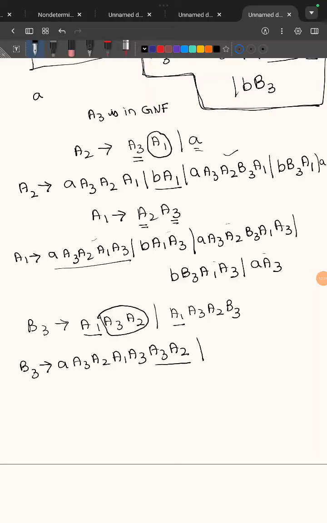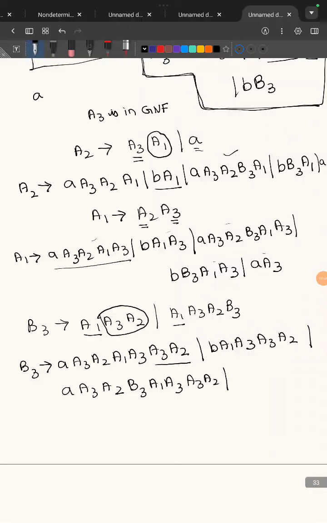So A1, A3, followed by A3, A2, or A3, A2, B3, A1, A3, followed by A3, A2, or B3, A1, A3, followed by A3, A2, or A3, followed by A3, A2.